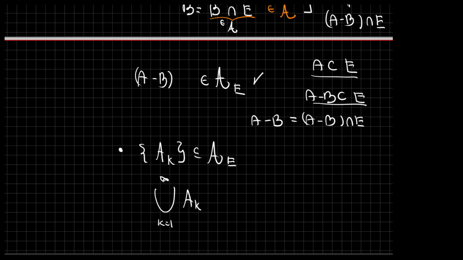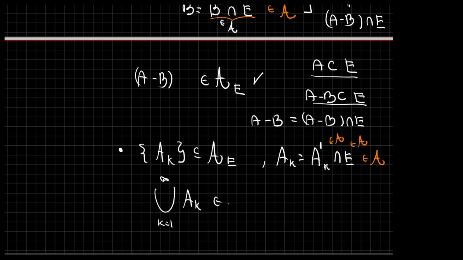Well, let's say that A_k is equal to some A_k prime intersected with E by definition. This is of course an element of this.